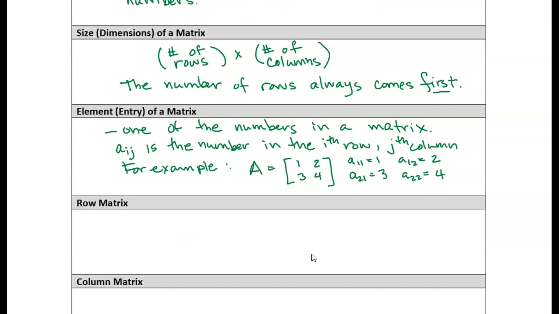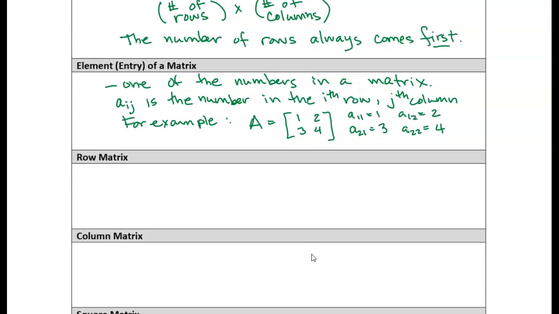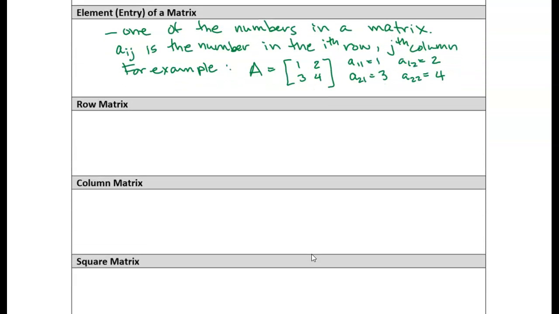All right. So let's talk about some particular types of matrices that we might be referring to. A row matrix is basically a matrix that just has one row. So if it just has one row, then its dimensions are 1 by n, right? Because it has one row and it can have any number of columns. All right.